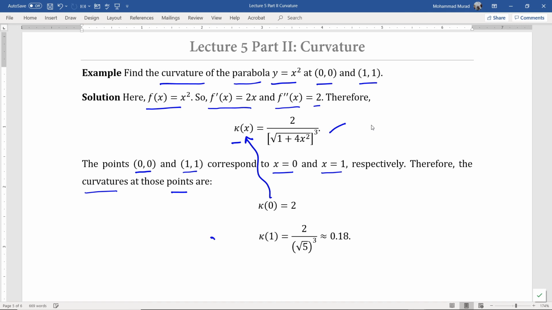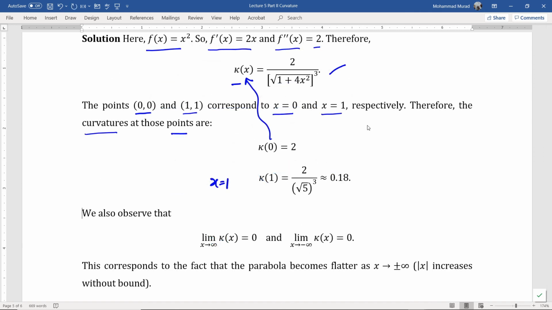And if we substitute x equals 1 into the formula, we get kappa at 1, which is 2 over the cube of the square root of 5, which is approximately 0.18. So the curvature of the parabola at the origin is much higher than the curvature of the parabola at the point with x coordinate 1.